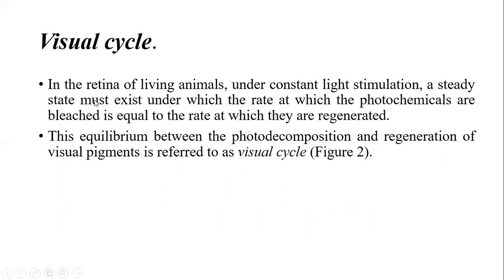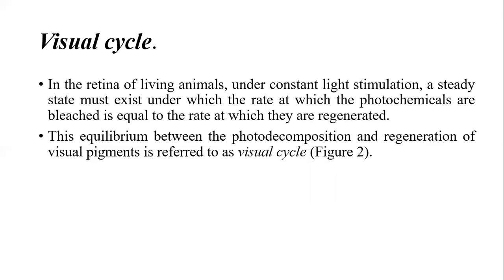Coming to the visual cycle in the retina: in living animals under constant light stimulation, a steady state exists in which the rate at which the photochemicals are bleached equals the rate at which they are regenerated. What I just said is that rhodopsin is bleaching and again regenerated.